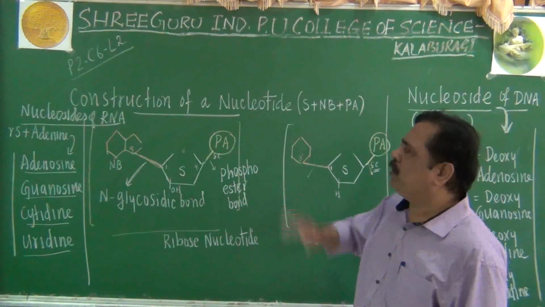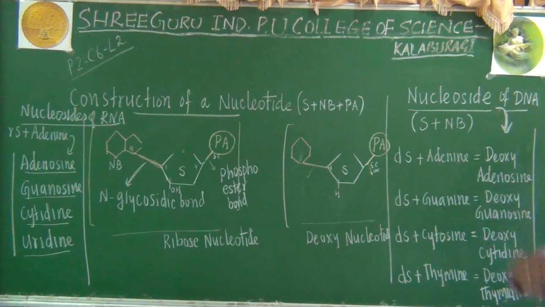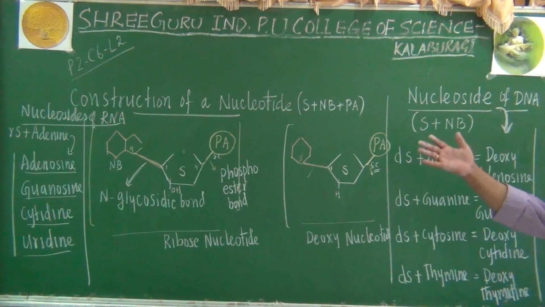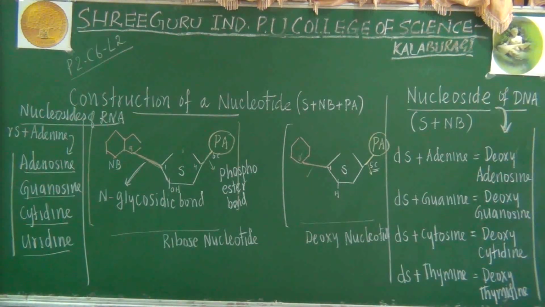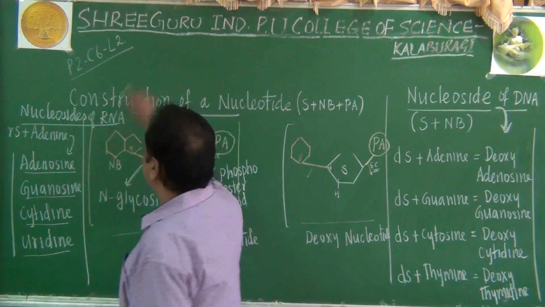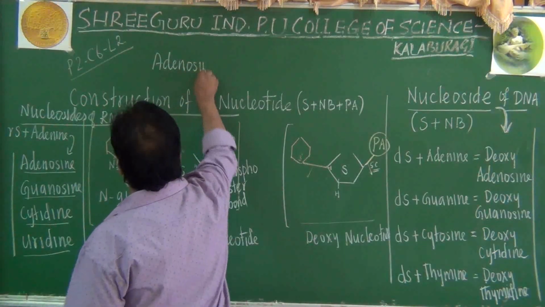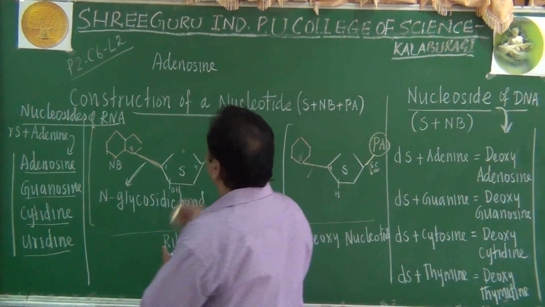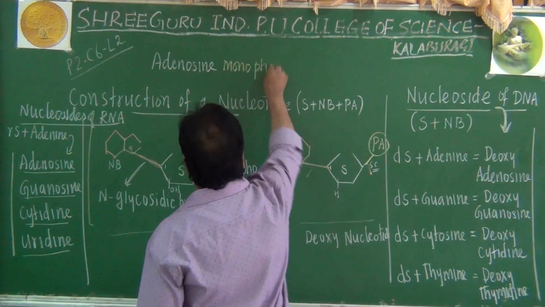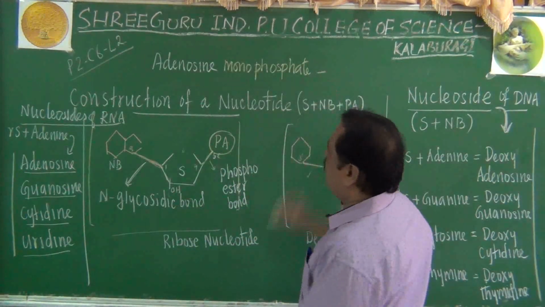Now I told you about a nucleotide. Now, how to name this nucleotide? Sir, these are all nucleosides. What about nucleotide? Suppose if I add one suffix here, adenosine monophosphate, then it will be called a nucleotide.